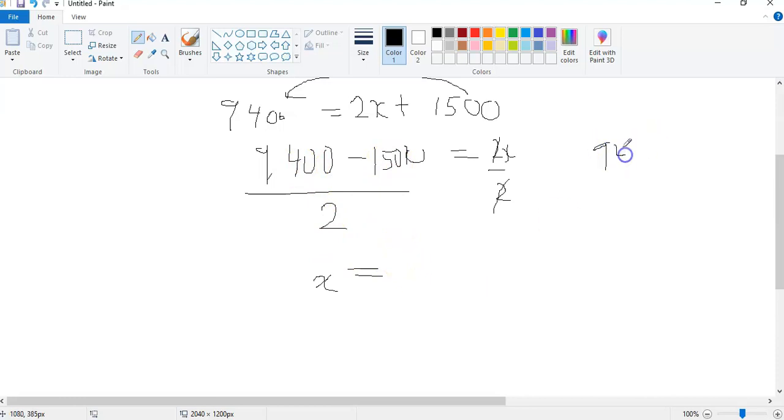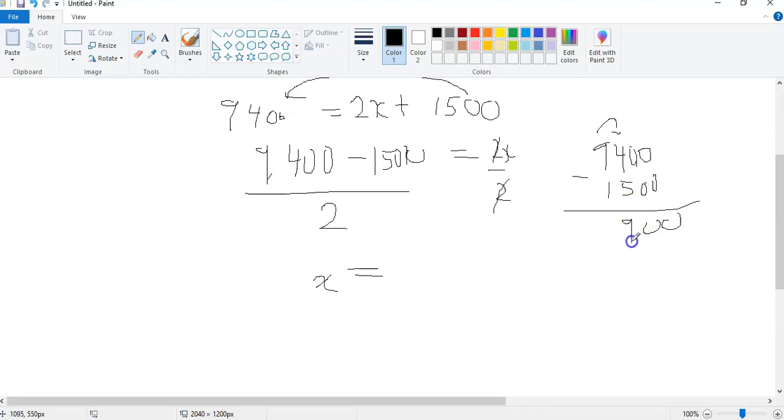So 9,400 minus 1,500. 0 minus 0 is 0, 0 minus 0 is 0. Now 4 minus 5 is not enough, so you can take 1 over here. That gives you 14. 14 minus 5 is going to give you 9.